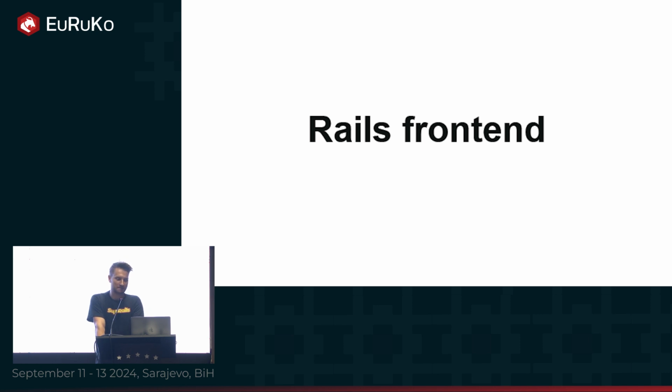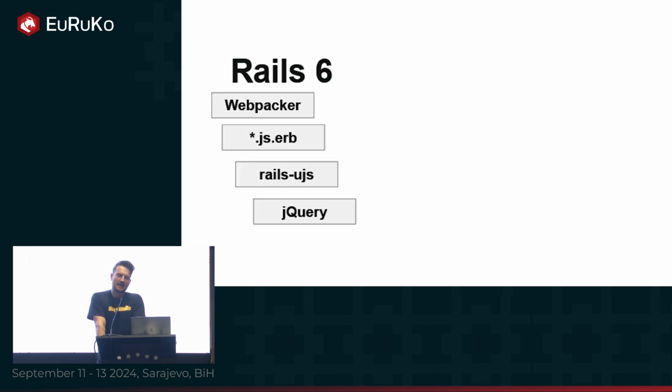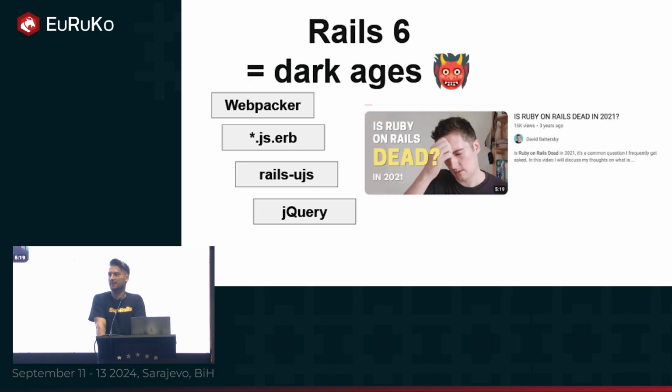Ruby on Rails frontend. Now, before, with Ruby on Rails 6, we used to use Webpacker, we had the .js.erb format, we used Rails UJS, we also commonly used jQuery, and I would say it was not the best era of Ruby on Rails, and I think that's when the meme "Is Ruby on Rails dead?" was especially relevant. So I call these the Rails 6 dark ages.